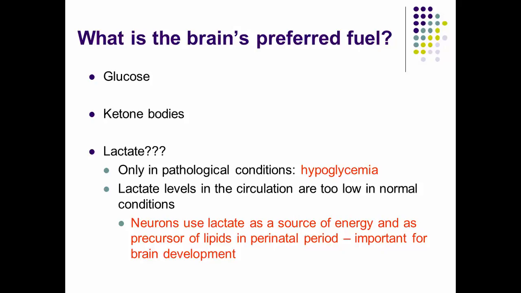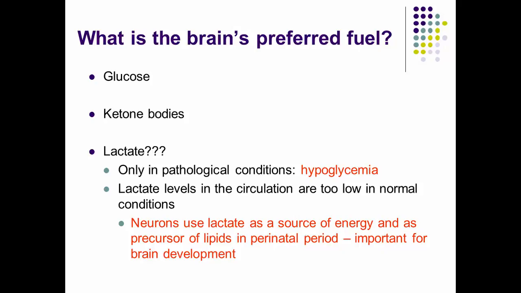And what are the brain's preferred fuels? Of course, glucose, right? Glucose is the preferred fuel, and also ketone bodies during very long-term starvation, and lactate only in pathologic conditions, for example hyperglycemia.